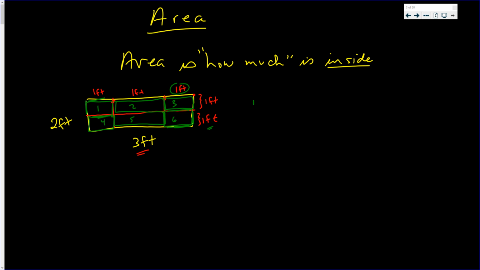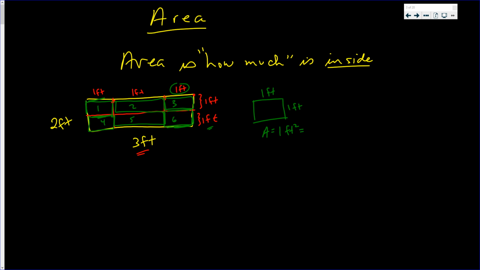Now, we have this definition. If something is 1 foot or 1 unit, whatever the unit is, by 1 unit, we say the area is 1 unit squared. In our case, 1 square foot.